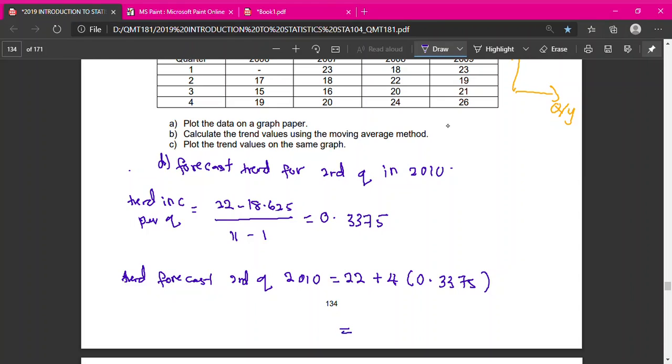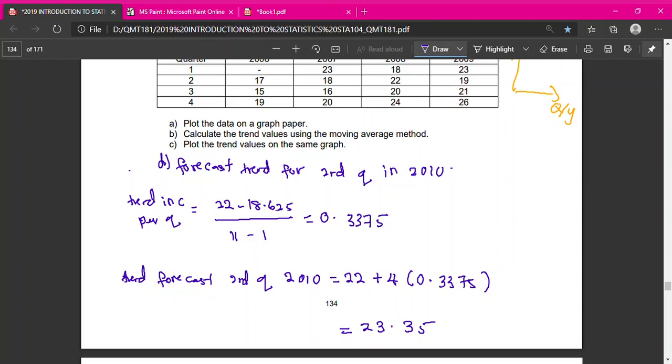So the trend forecast for the second quarter in 2010 is, plus 22, so the answer will be 23.35. Okay, this is how to forecast the trend.